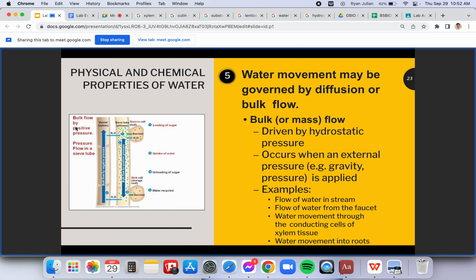For the bulk flow by positive pressure, evidently the xylem vessel is highly involved, wherein you can see the transfer of H2O molecules into the left portion of the image, while the pressure flow in a sieve tube is involved here, wherein aside from water, sugar such as sucrose is being disseminated in the sieve tube in phloem.